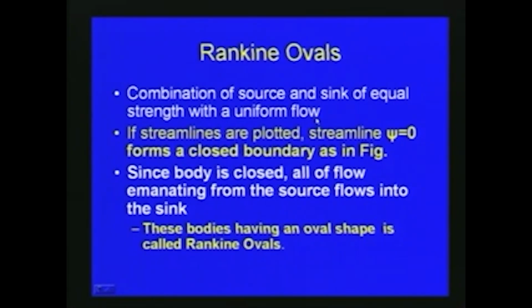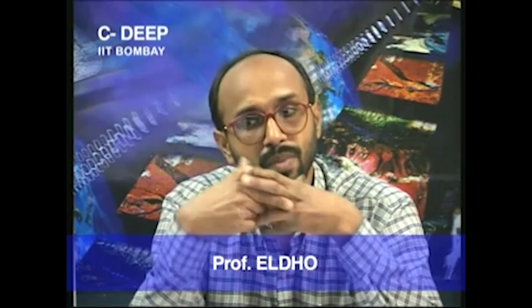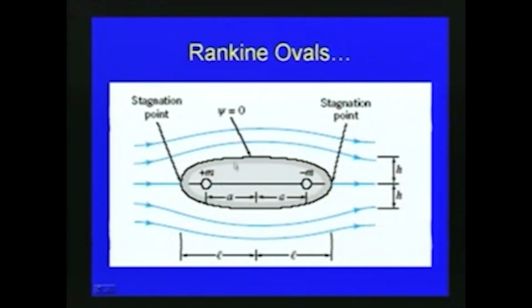The half body we obtained by superimposing a source on a uniform flow, but now we get the Rankine oval by combining a source and a sink, not only a source. If streamlines are plotted, you can see that psi equal to 0 forms a closed boundary, as shown in the next figure.